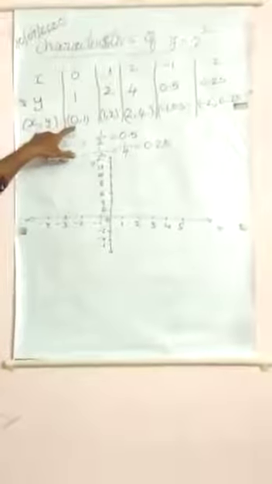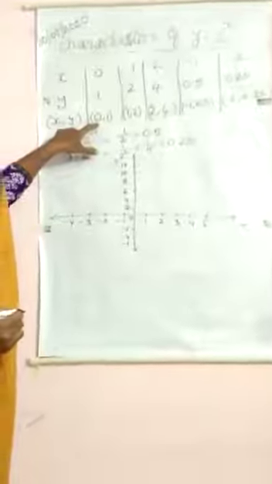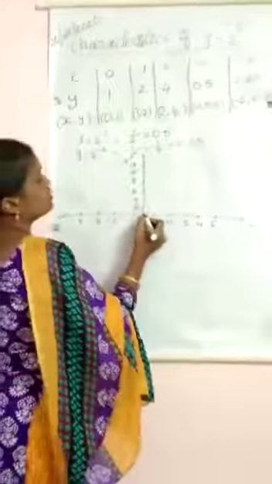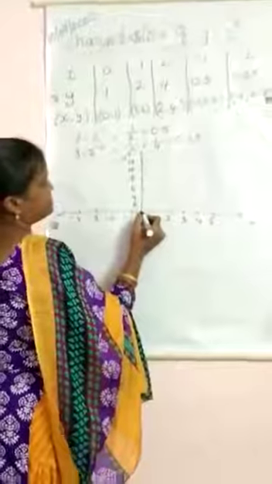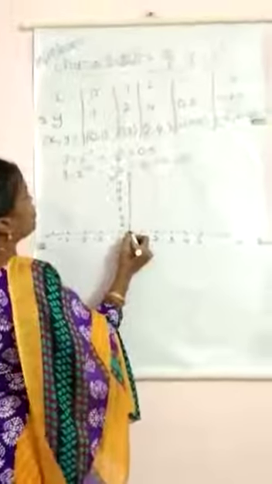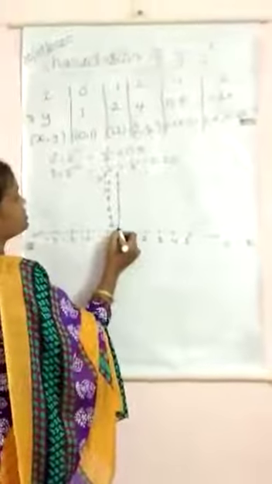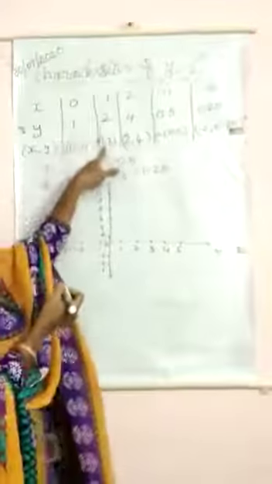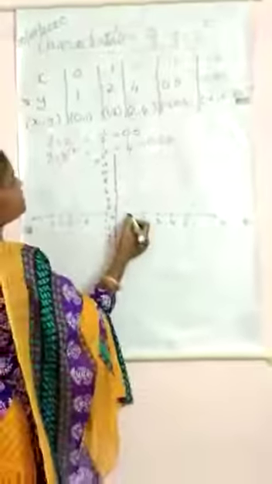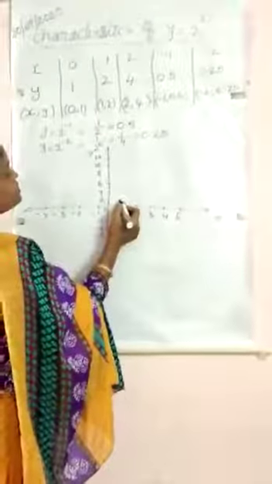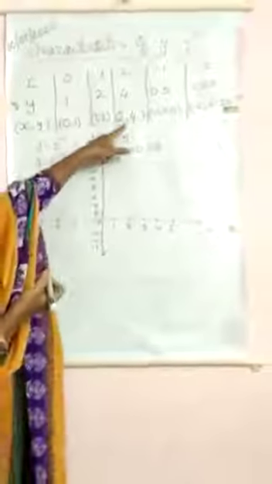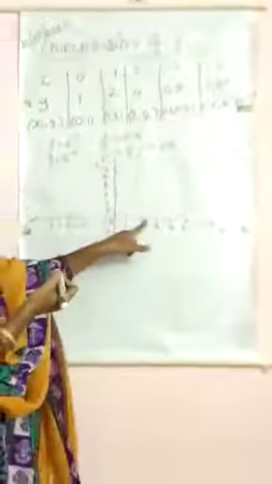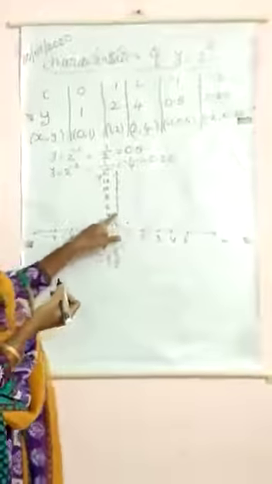Okay, so this is the x-axis and y-axis, and we plot these points. What is the first point? 0, 1. So 0 on the x-axis and 1 on the y-axis, here is the point. Next is 1, 2. On the x-axis 1 is here and 2 is here. Next, 2, 4: on the x-axis 2 and on the y-axis 4.